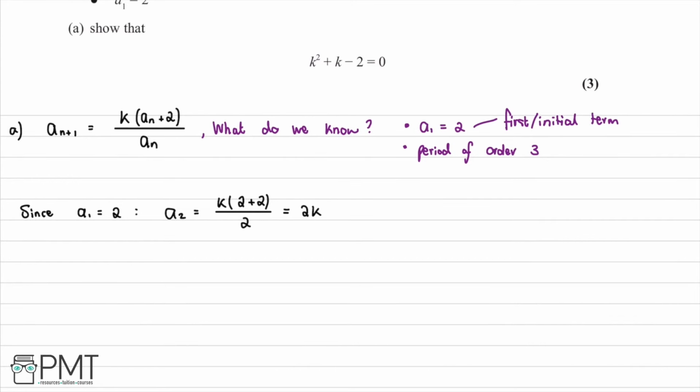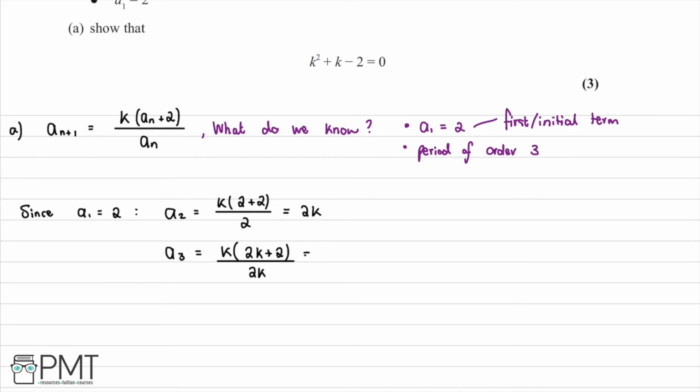Now we have a2, so we can do the same and substitute this into our formula. Therefore, a3 is going to be equal to k multiplied by a2, which is 2k, and we add 2, and then again we divide by 2k. So what's this going to be?